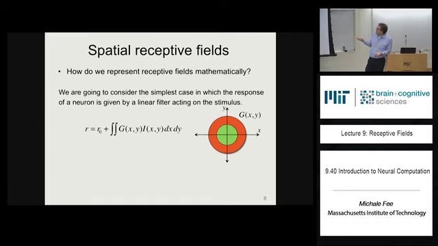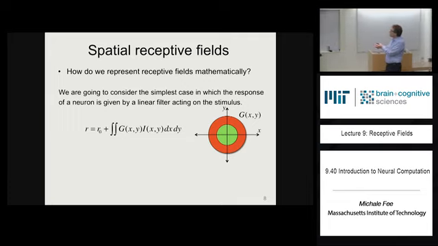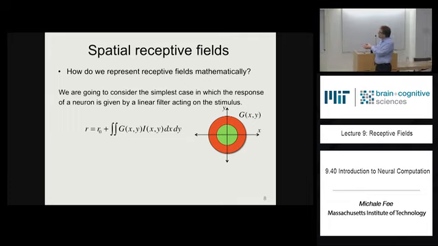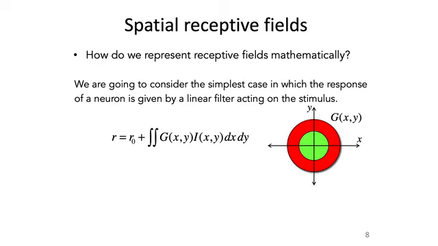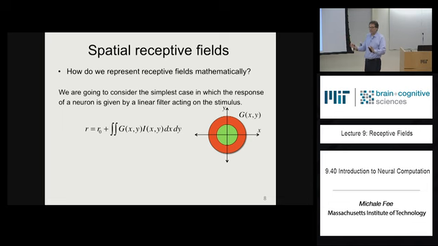Okay? And our linear model is going to be how well the stimulus matches or overlaps with the receptive field. And we do that just by multiplying the receptive field times the stimulus and integrating over x and y. Okay? x and y, just think of it as a position on the retina. Okay?